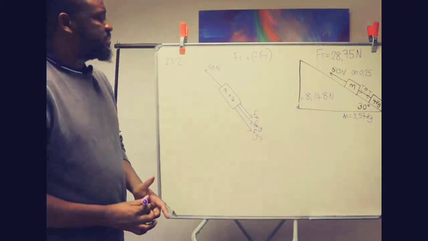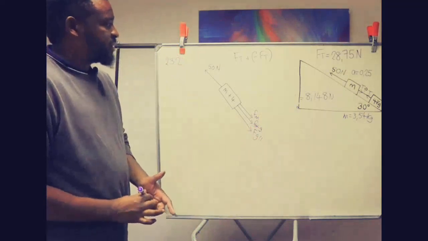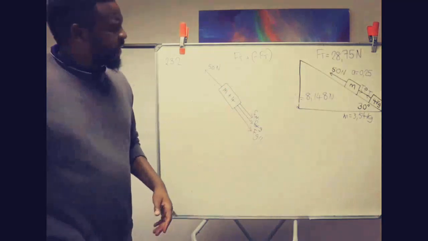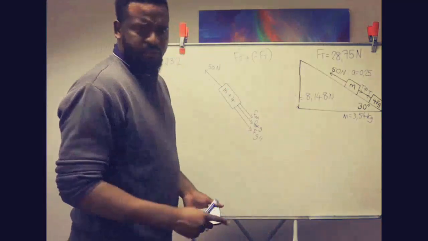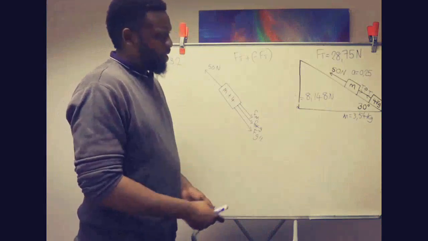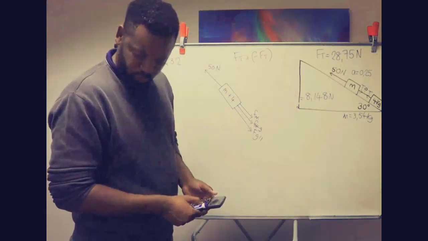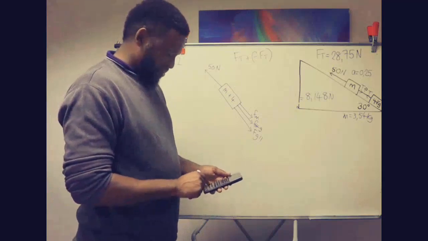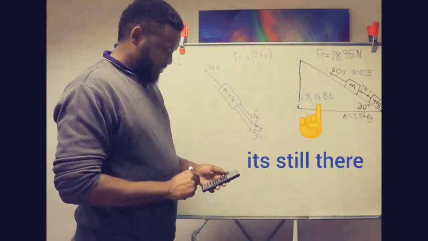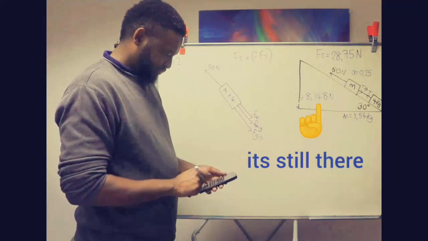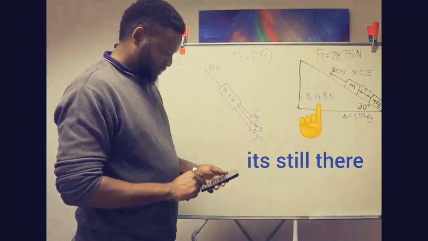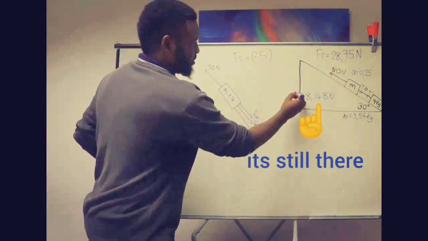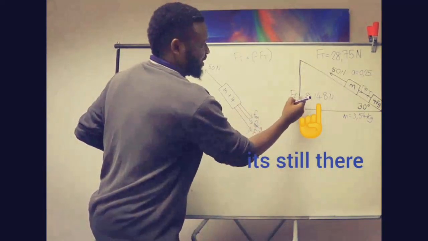Now, I have removed the frictional force of the 4 kg, but I can quickly calculate it. Mu k times Fn. Mu k is 0.24. Fn was mg times cos theta. 8.148. Aha! This is my frictional force.